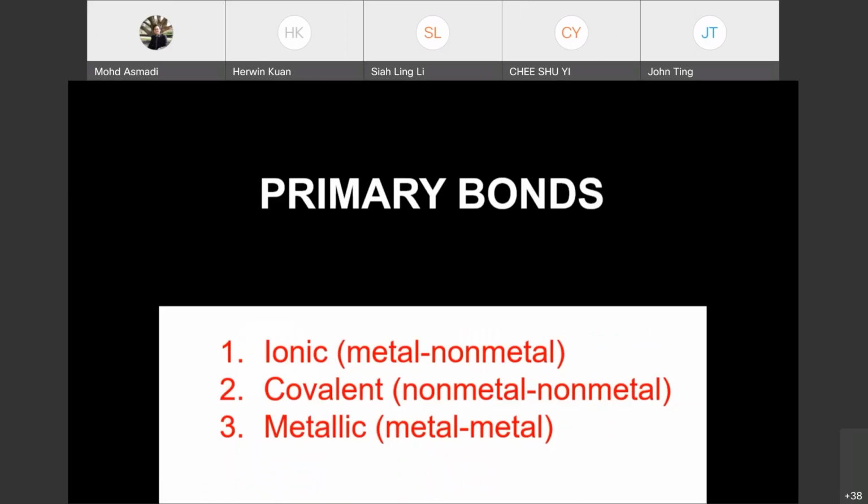Especially ionic bonds, for example, like NaCl. Metal from group 1A can transfer the electron, and Cl from group 7A can accept the electrons. So it's more to the electron transfer, between group 1A, 2A to group 7A and 6A. That's the example. And second one is the covalent, non-metal with non-metals.